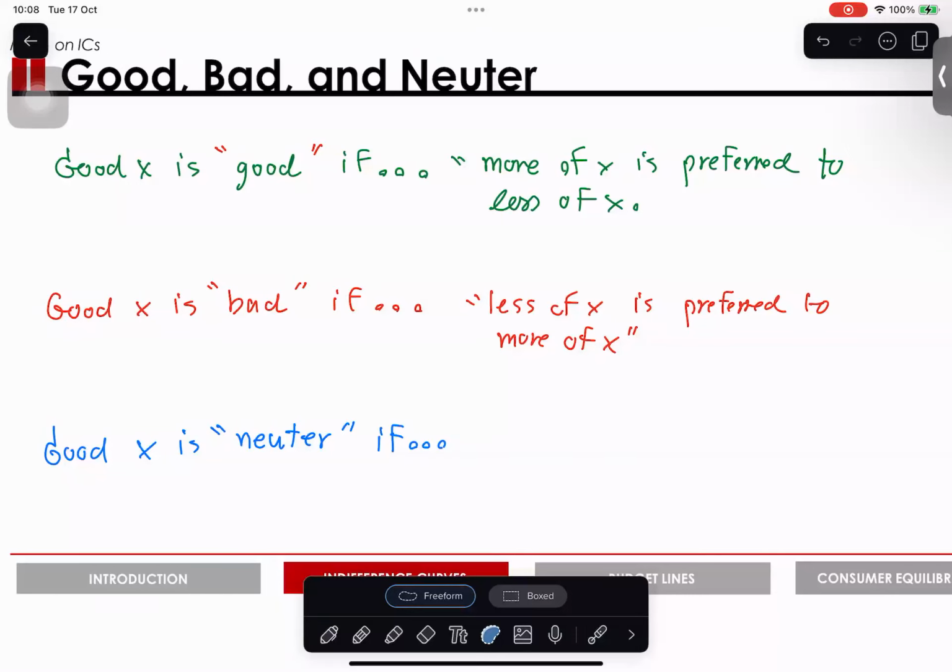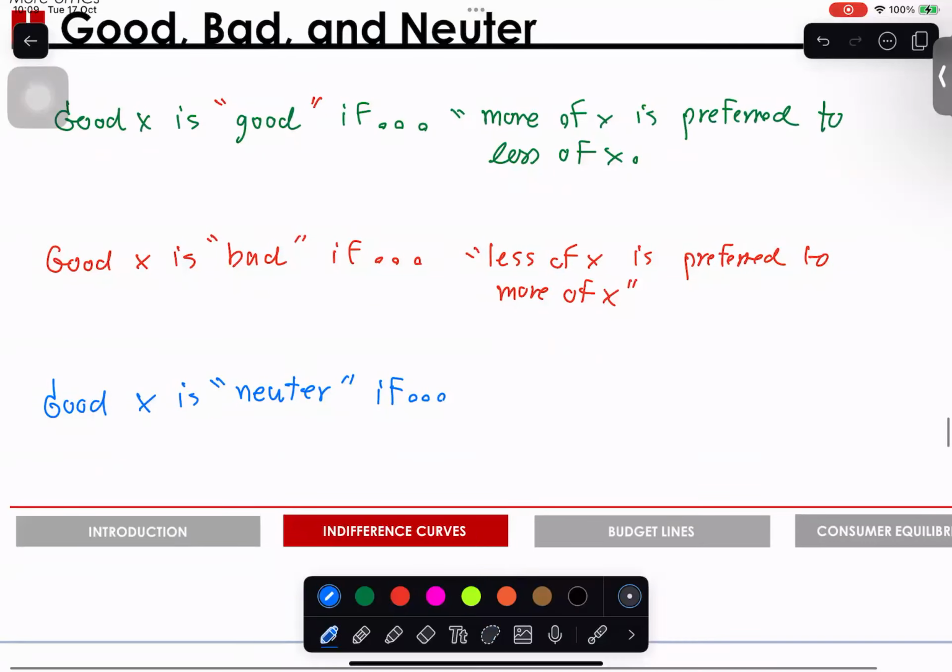Third, when good X is neutral, that means having more or less doesn't impact happiness.